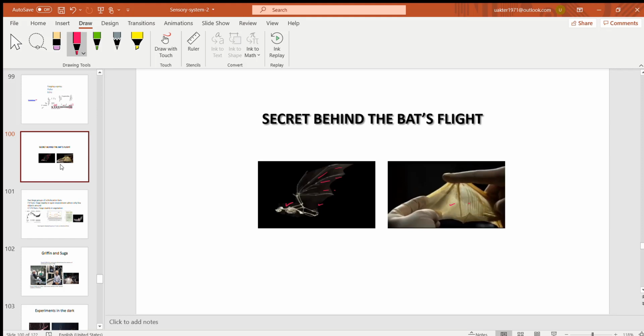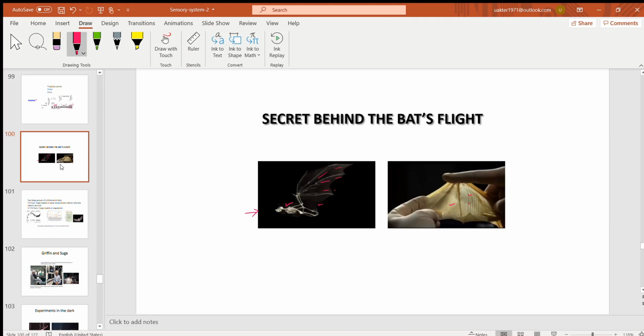Some people thought probably they have something special in the skin of the wings, some special sensors. Nobody had the idea that bats produce pulses and use the echo to localize the prey or sound source, or the food. So they tested that in many different ways.